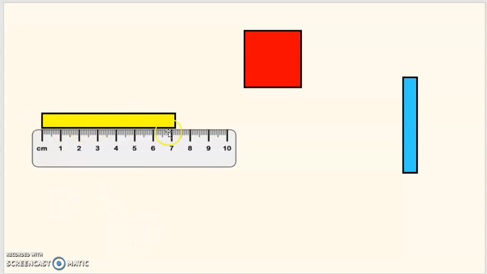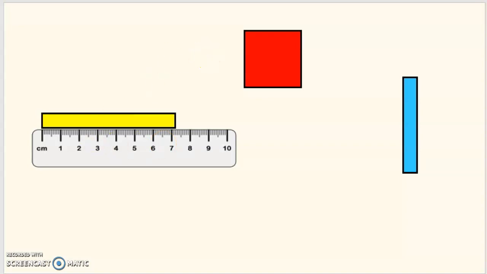So now I have put it against my shape. How many centimetres is my rectangle? Let's have a look. So I've started from 0. 1, 2, 3, 4, 5, 6, 7. Excellent. You have got 7 centimetres.